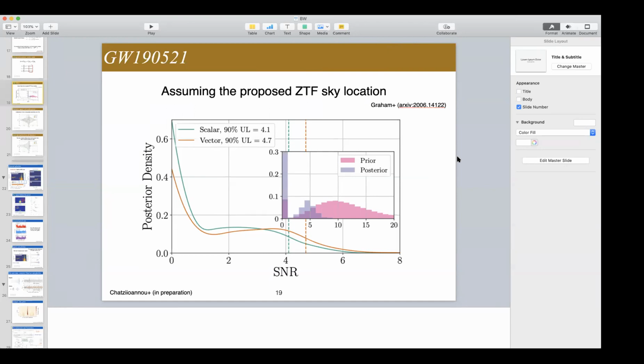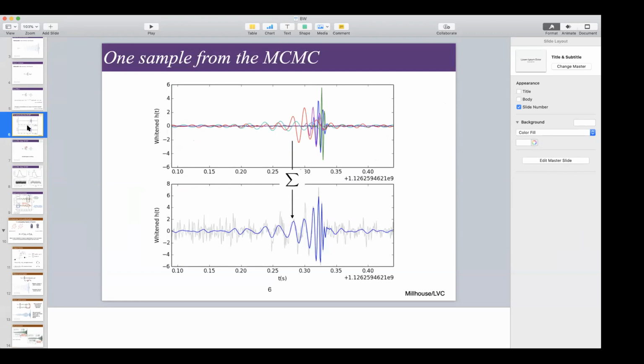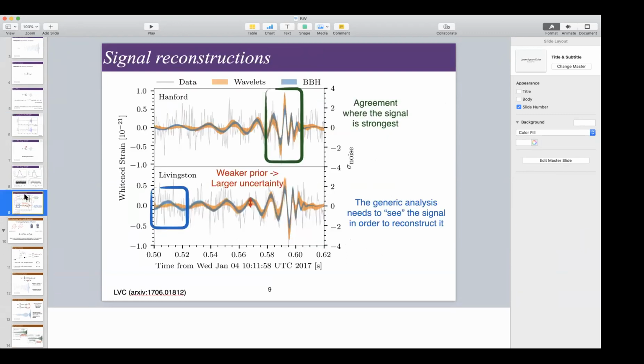Thank you very much for the very nice talk. I have a question concerning something you discussed at the very beginning when you showed how to reconstruct the first event with wavelets. And you say that when you go back in the early spiral, you were saying that you're getting out of phase in the early spiral because you need to see the signal in order to reconstruct it.